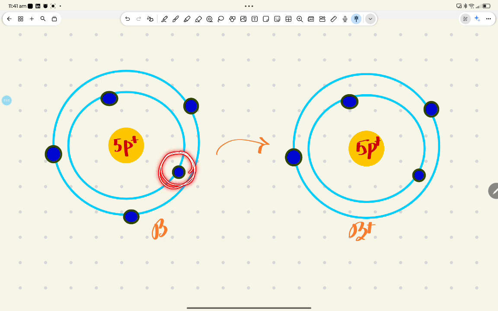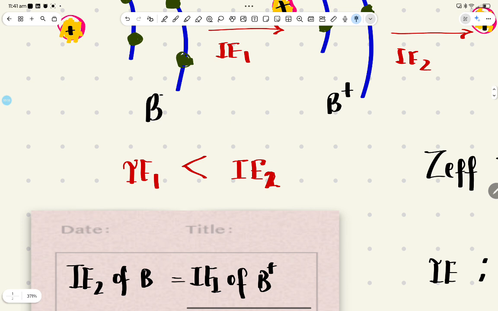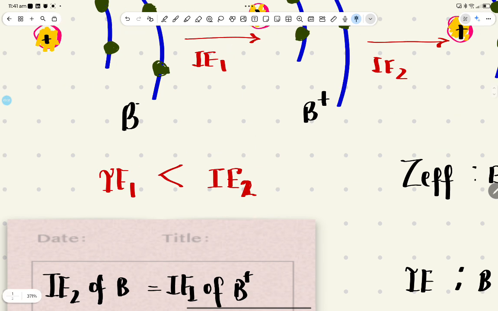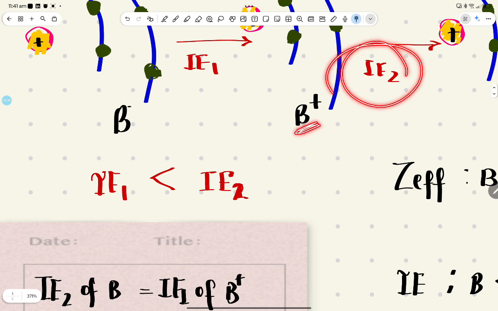The energy you gave to remove the first electron was lesser than the energy you would require to remove an electron from B positive, because in this case the force of attraction is more. You getting it?